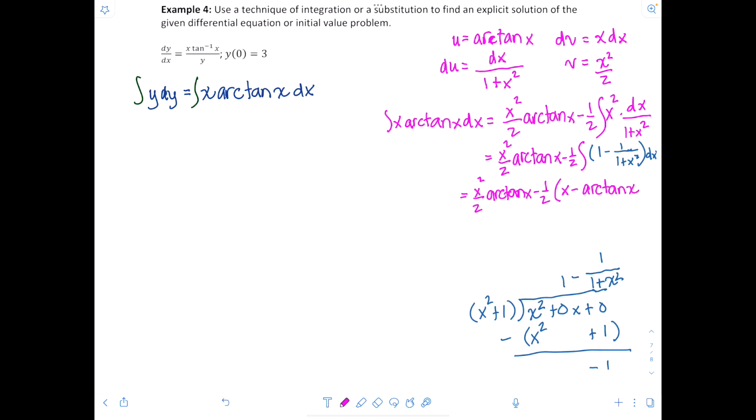So just arctan at x plus c. All right, so putting this in on the right-hand side, we're going to end up with x squared over 2 times arctangent at x minus x over 2, I'm distributing the negative 1/2, plus 1/2 arctan x plus c.